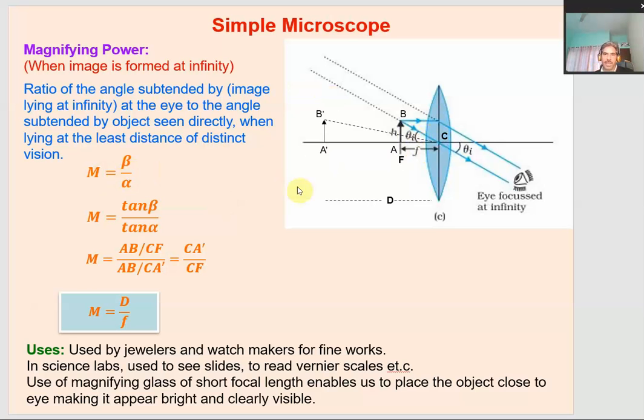Because these angles beta and alpha remain quite small, they can be replaced by their tangents. So beta is written as tan beta and alpha is written as tan alpha. Again, in these two triangles, A dash B dash C, we find tan alpha, and in A B C, we find tan beta.